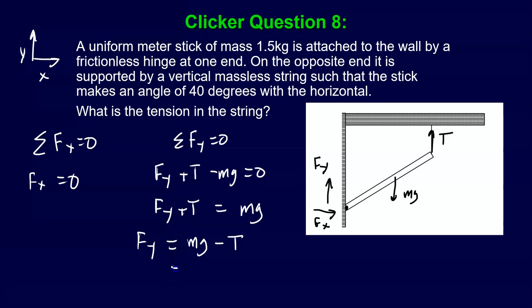And if we remember the tension from our last page, it was just mg divided by 2. So mg minus mg divided by 2 comes out to be mg divided by 2, and this will equal, again, the 7.35 newtons.